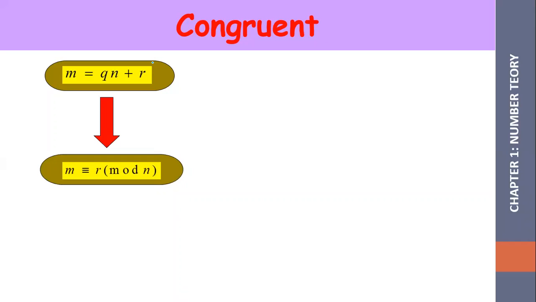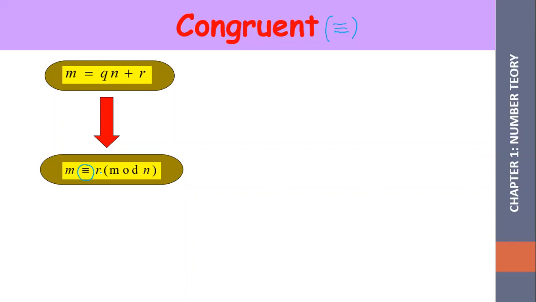Is m congruent to r mod n? If congruent, we write it like this. This is the symbol of congruent, three lines. It is not an equal sign, but we read it as m congruent to r mod n.